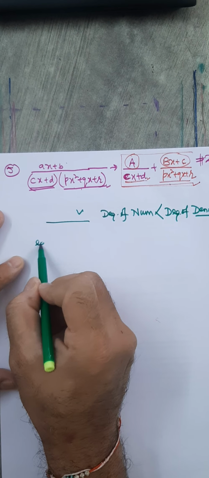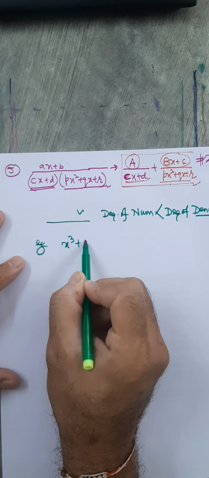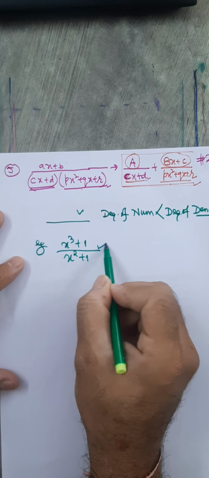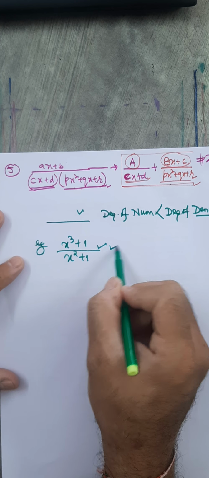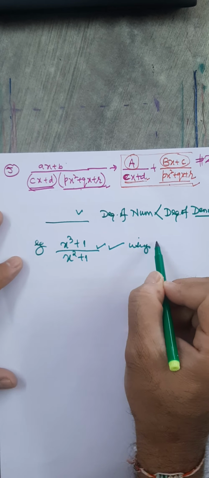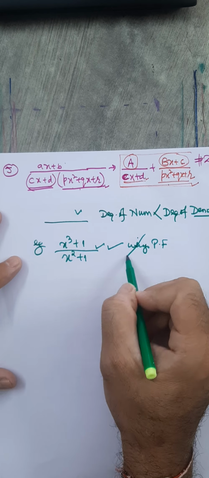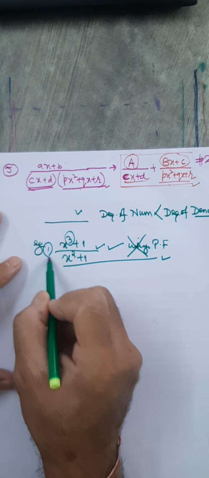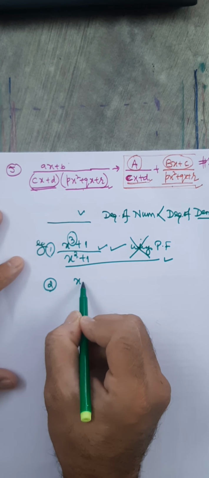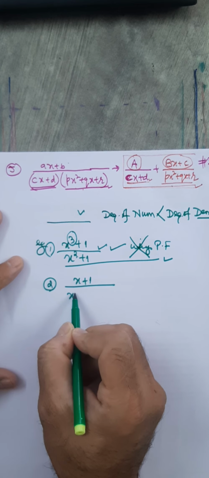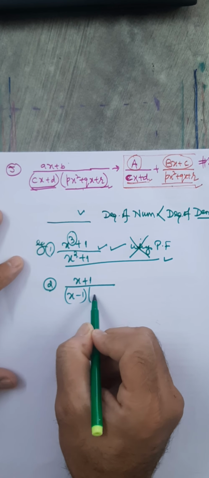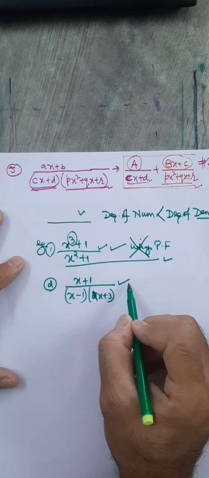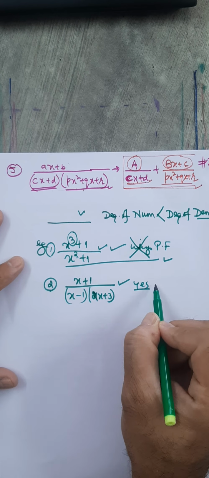If you have something like, for example, x cube plus 1 upon, let me write, x square plus 1, now this cannot be directly integrated using the partial fraction method, because here the power is 3, here the power is 2. If I have it like this, x plus 1 upon, let me write, x minus 1 into, let's write, 2x plus 3, can we use the partial fraction method here? The answer is yes.